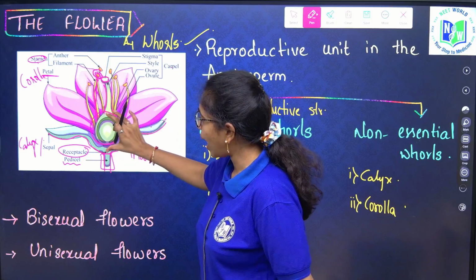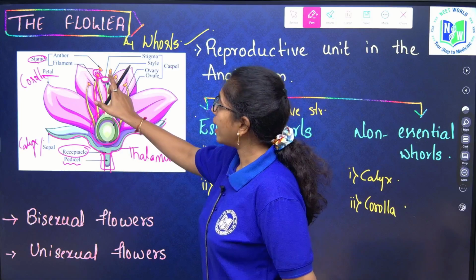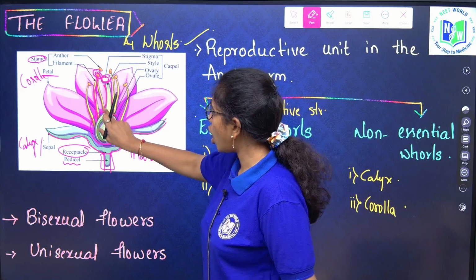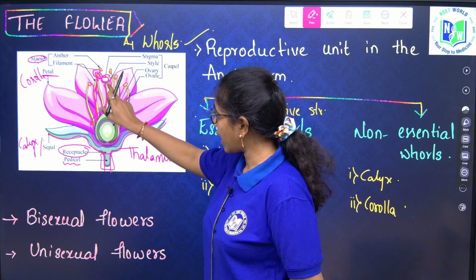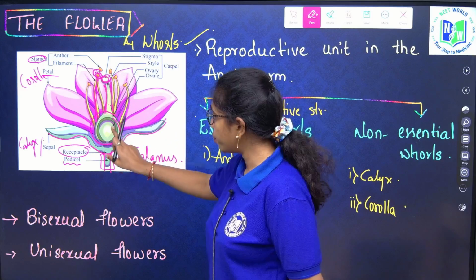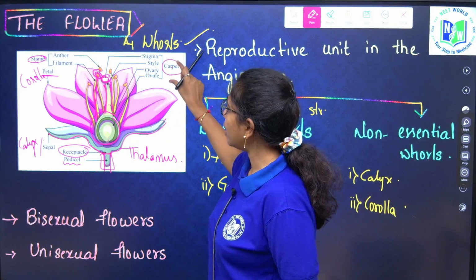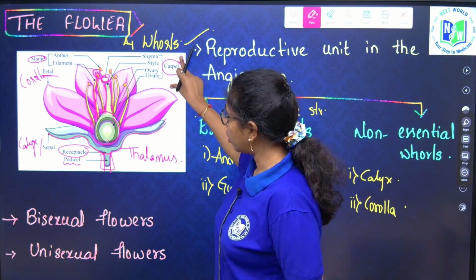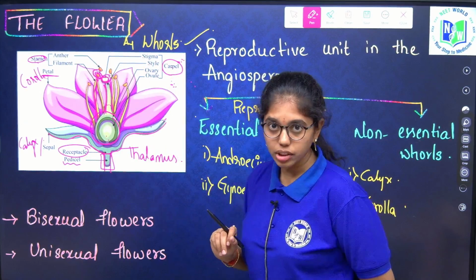The basal bulged part is called as ovary, and stigma which is receptive for pollen grains, and this long tube like structure will carry the pollen tube. Okay, it will carry the pollen grains through the pollen tube to the ovary. Clear? So, carpel is the unit of gynoecium. Each carpel includes stigma, style and ovary. Clear with the structure of a flower?